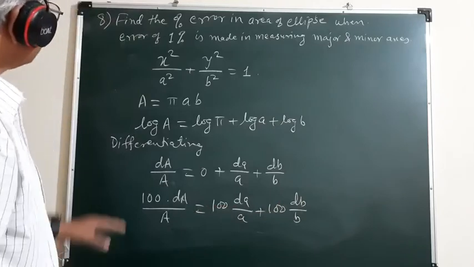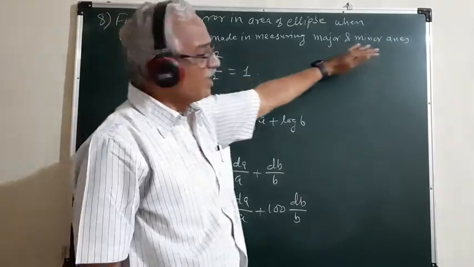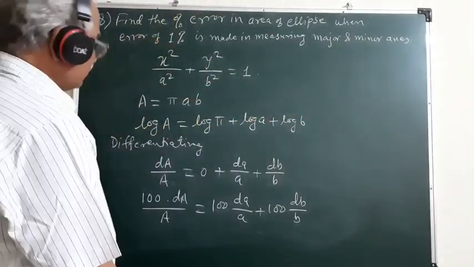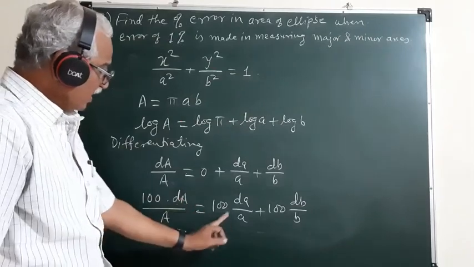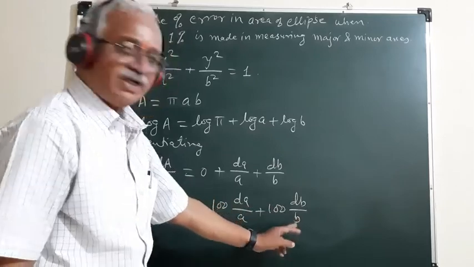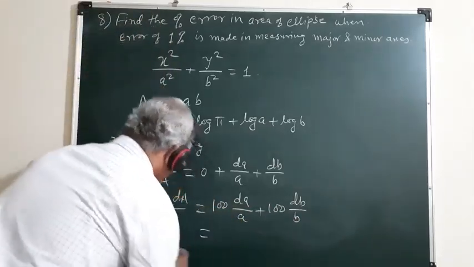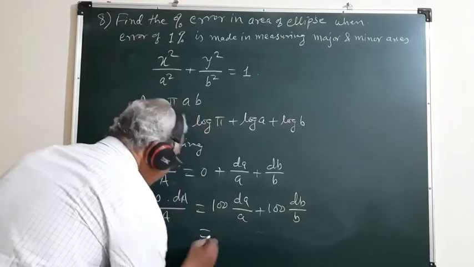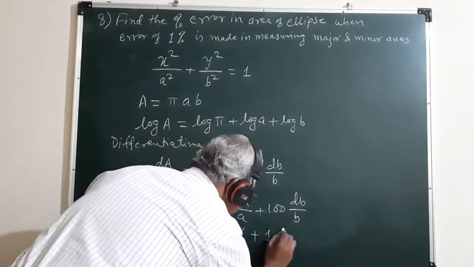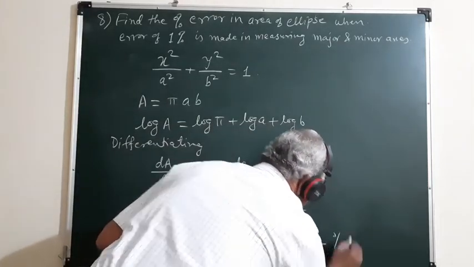So we are given that the percentage error introduced in measuring the major and minor axis is 1% each, so using the value of 100 da by a as 1% and 100 db by b as 1% here, we get 100 dA by A is equal to 1% plus 1%, so the total works out to be equal to 2%.